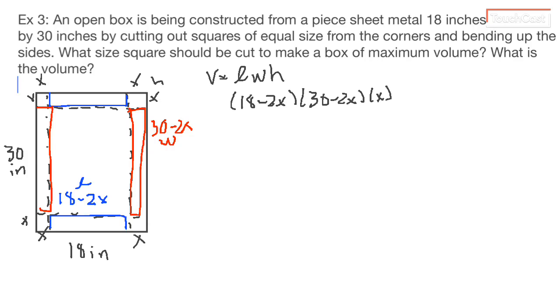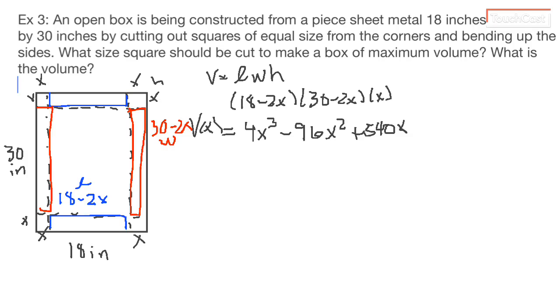Our volume equation is going to end up being 4x cubed minus 96x squared plus 540x. So there's our equation. That's our volume function. You can call it v of x.